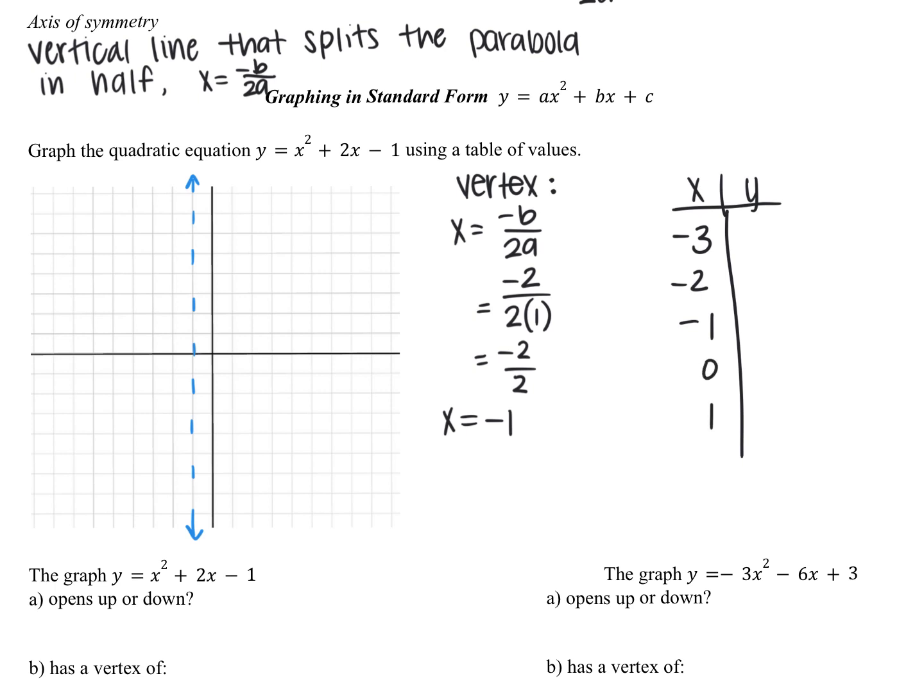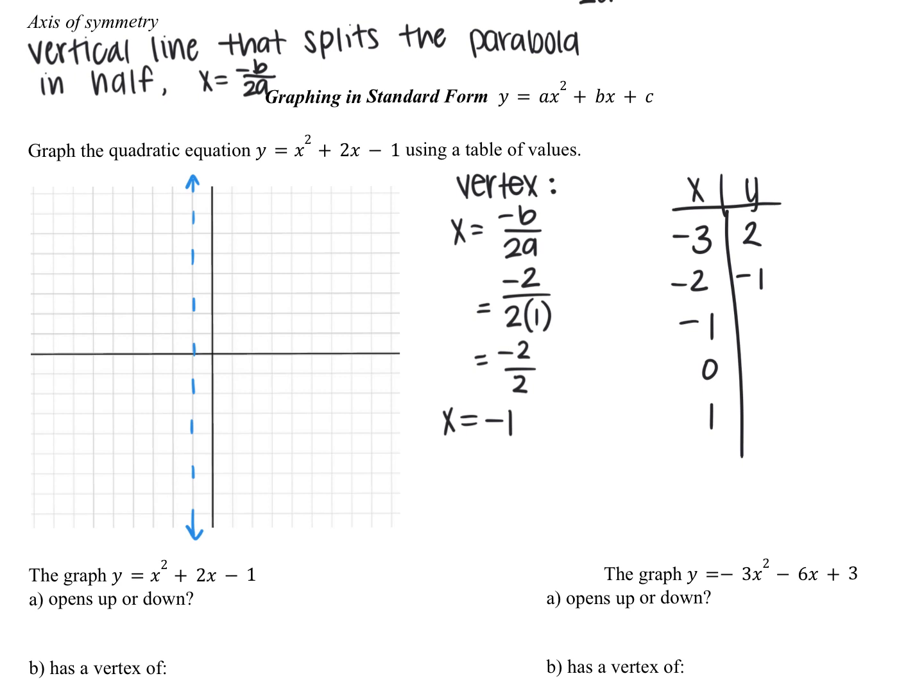Now all I do is plug those x values into my equation. So I'm going to do negative 3 in parentheses squared plus 2 times negative 3 minus 1. And it gives me a y value of 2. Now I'm going to do the same thing with negative 2. Negative 2 in parentheses squared plus 2 times negative 2 minus 1 gives me negative 1.